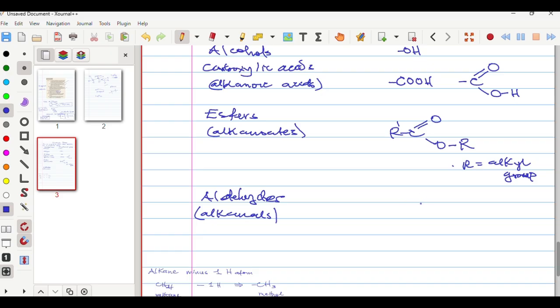So for aldehyde, the functional group is similar to ester, carbon. Are you there with me, please? Both of you? Yes, sir. Okay, we have the carbon. We have a double bond to oxygen.